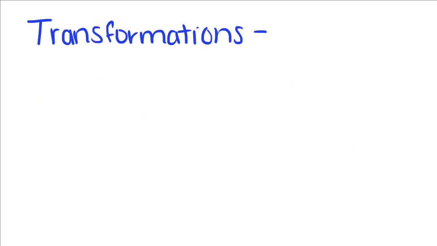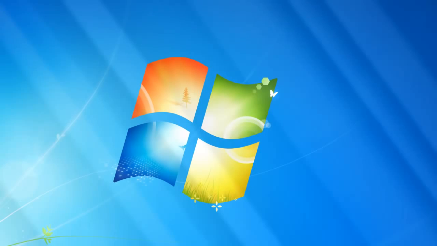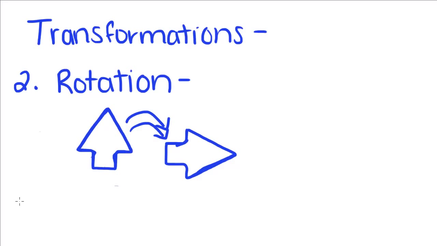So the second kind of transformation is called a rotation, where we have this arrow and we just rotated it 1/4 of the way to the right, or 1/4 clockwise.